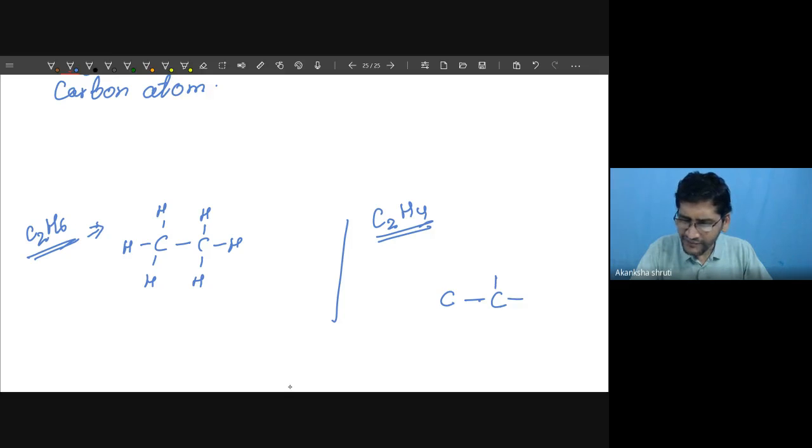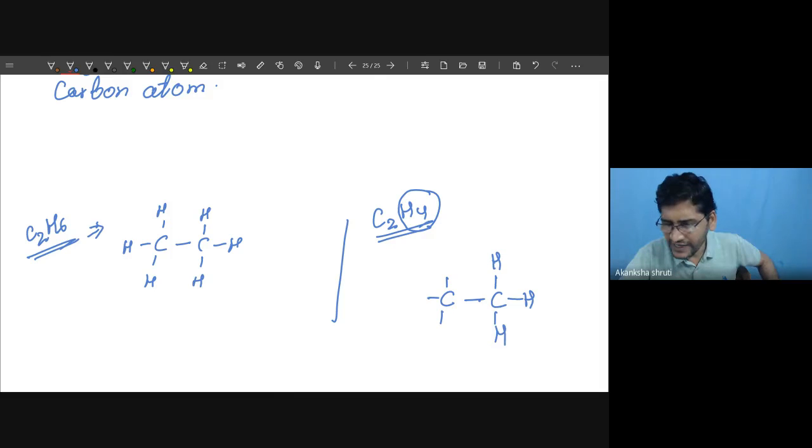If you are going to distribute the hydrogen, first you draw the 4 bonds for each carbon. That is the first thing. Later on you will start distributing. Here we have only 4 hydrogen. If I am giving 3 hydrogen at this place, what about the other?